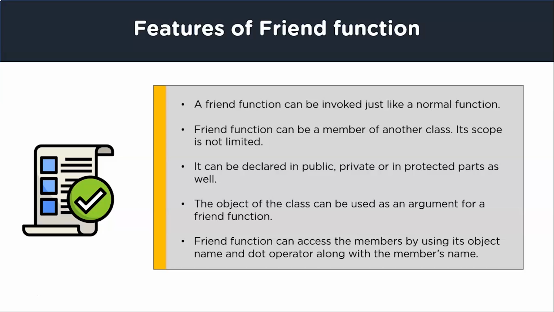Third is, a friend function can be declared in any part, that is private, protected, or public parts of the class. Fourth is, the object of the class can be used as an argument for the function. And the last is, a friend function can access the members by using the object name and dot operator along with the member's name.